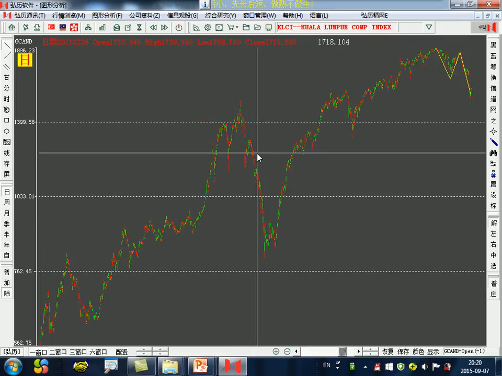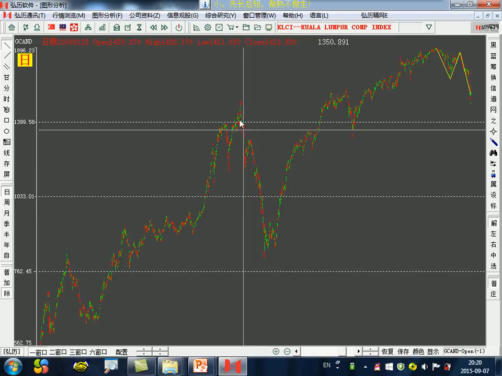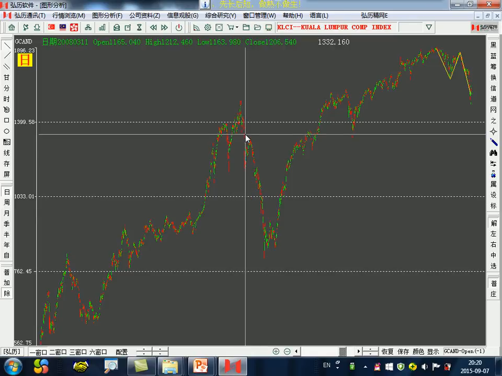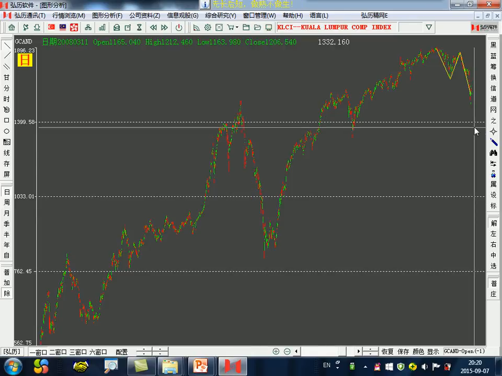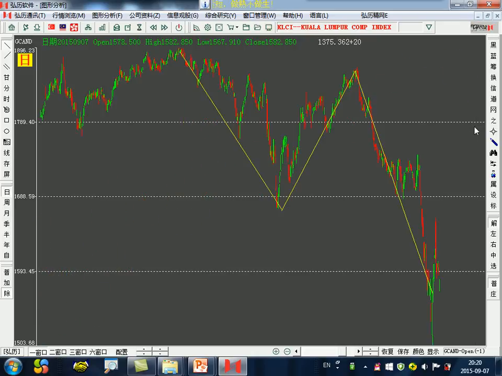But you can see maybe this C is 2 times of A. And now this lowest point, 1503, is 1.618 times of A. There's another space to go.